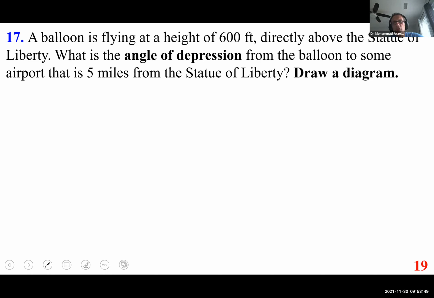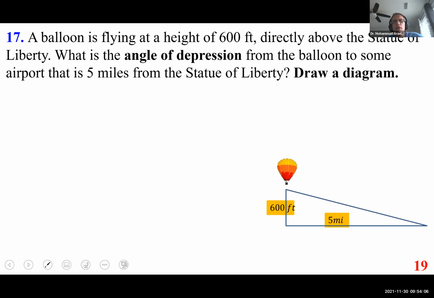So let's see what we need to do. So here's the balloon at a height of 600 feet, directly above the Statue of Liberty. There's an airport 5 miles from the Statue of Liberty. And we want this angle, known as the angle of depression.